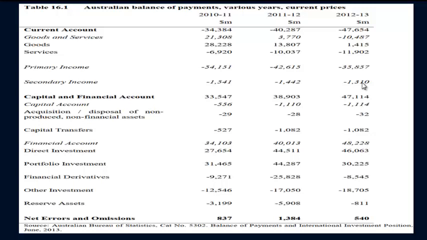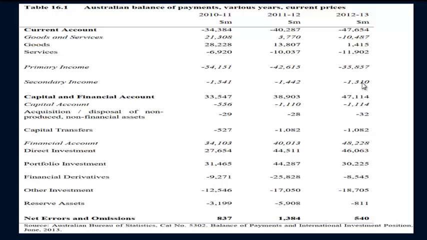These seem to be net figures, that is, 28,000 on goods means that we imported, the imports minus the exports would be 28,000. On services there was a negative, that is the Australians provided more services to outsiders and imported less.